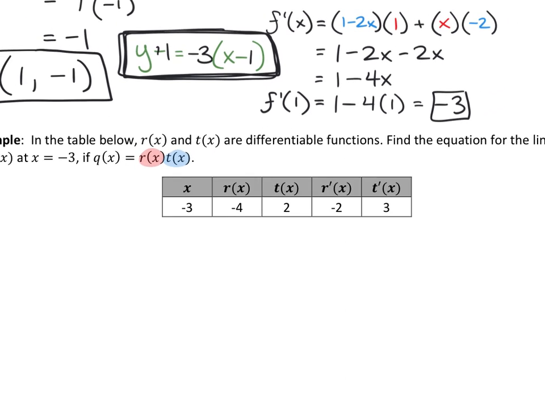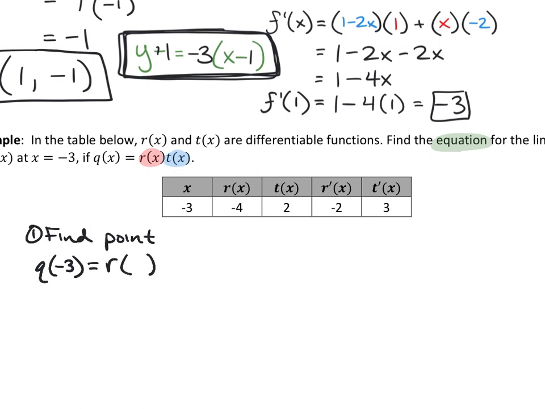So when we write an equation, we need a point and a slope. I'll label my steps here so you can see what's happening. Number 1, we find the point. To find a point, we plug a number in. If I plug the number negative 3 into q, that means anywhere in the q function there was an x, I now put negative 3.